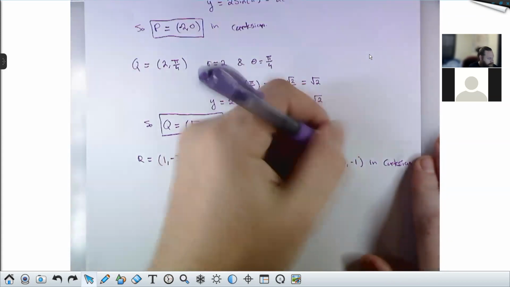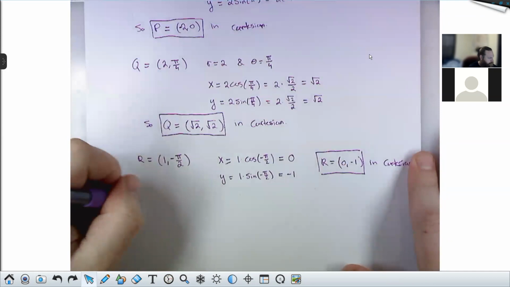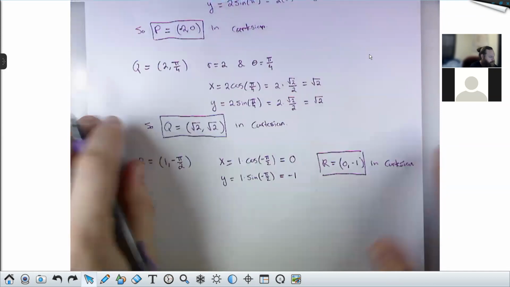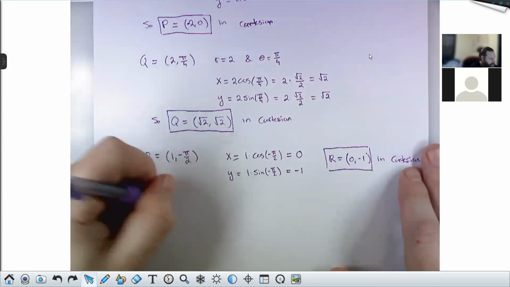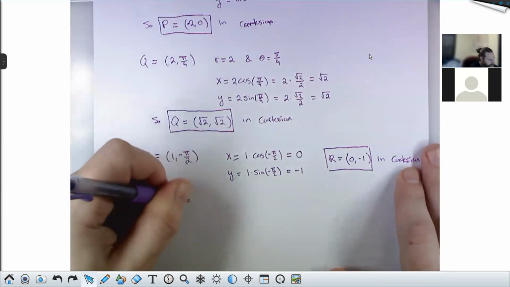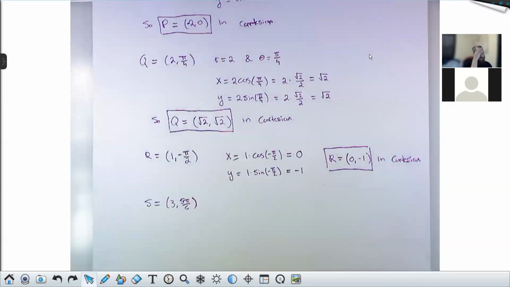All right. And then our last point there, S, had polar coordinates 3, 5 pi over 6. So here r is 3 and theta is 5 pi over 6.